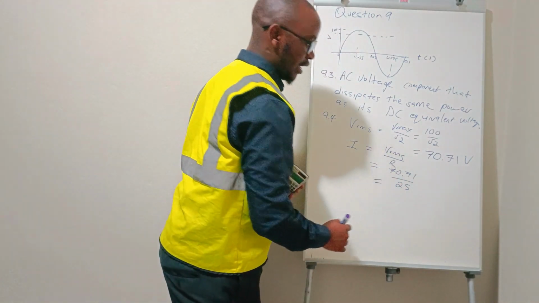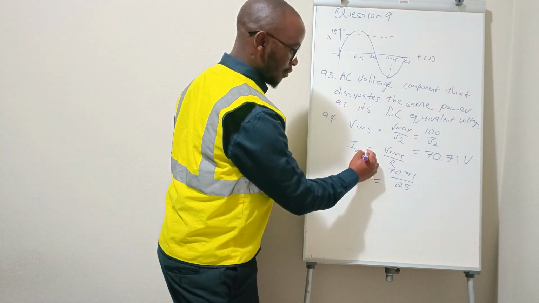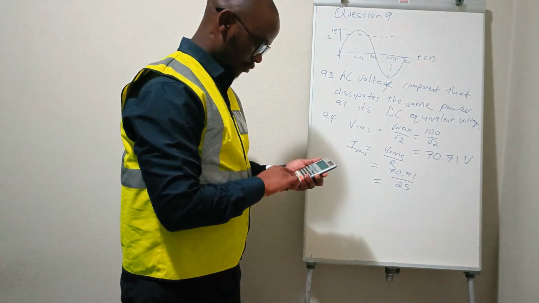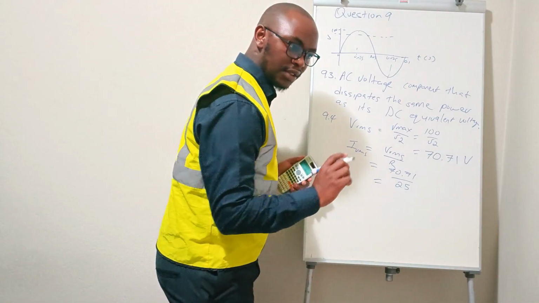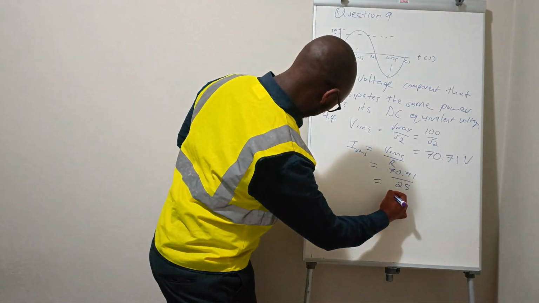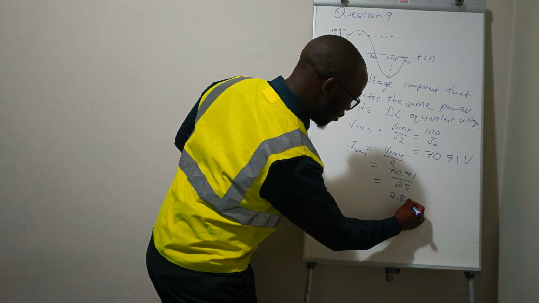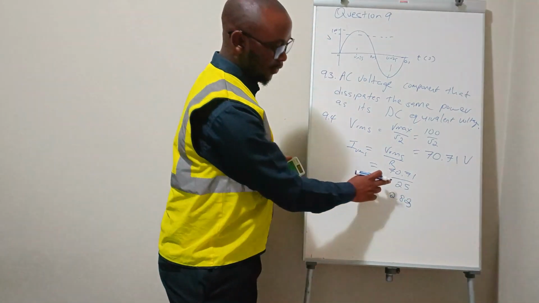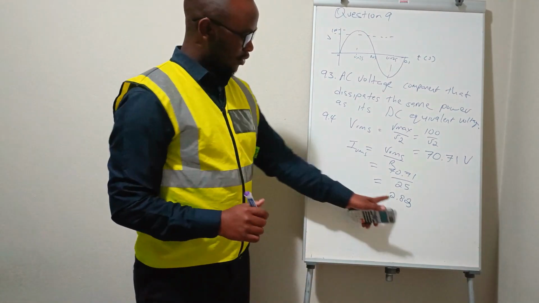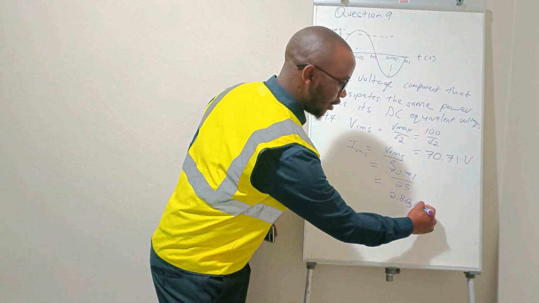So the IRMS is equal to 2.83 amps for a 25 ohm resistor.